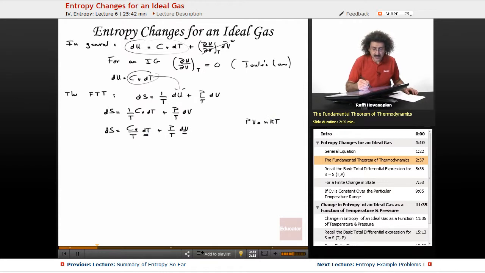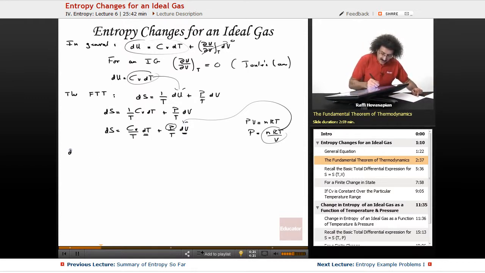Because this is temperature and volume, every single variable on this side has to be expressed in terms of temperature and volume. So this pressure, we have to express in terms of temperature and volume. Well, we can do that. It's right here: P equals nRT over V. I take this and I put it in there. So here's what I get.